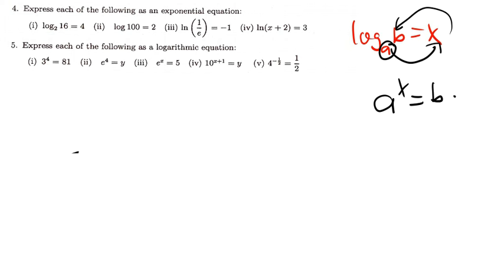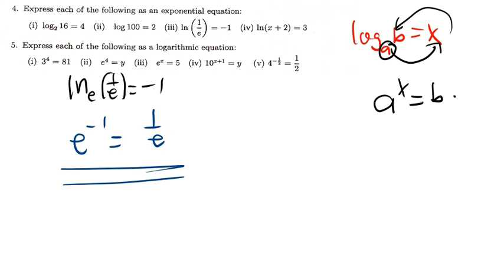Then when we're talking about ln, which is natural log, part 3, ln is always in base e. They will not show you that it's in base e, but what you should know is that there is base e here: ln of 1 over e is equal to negative 1. Expressing this as exponential, you say e raised to the power negative 1 is equal to 1 over e.